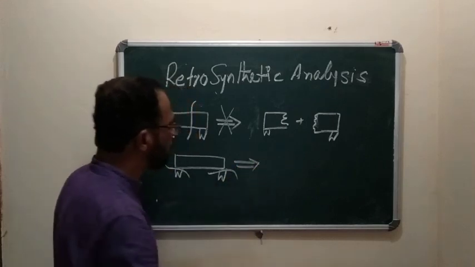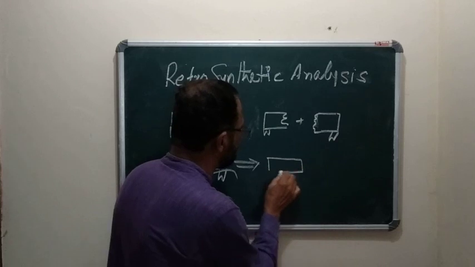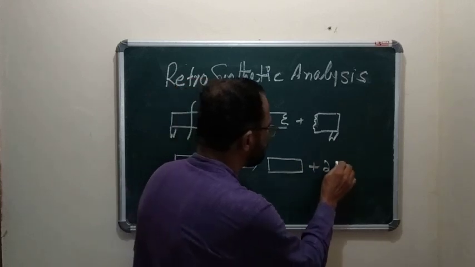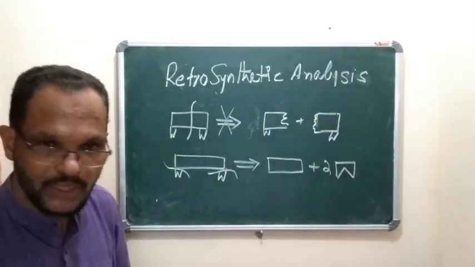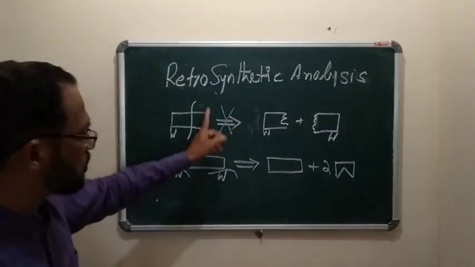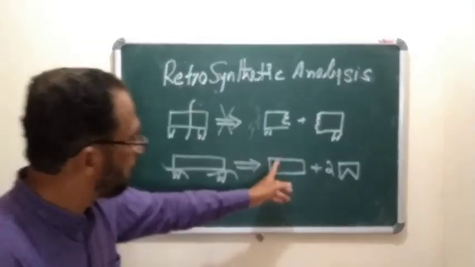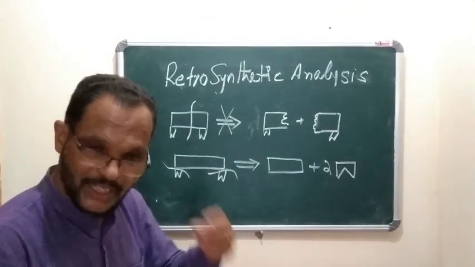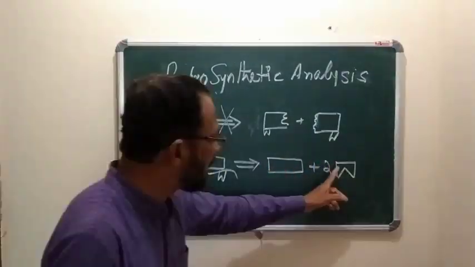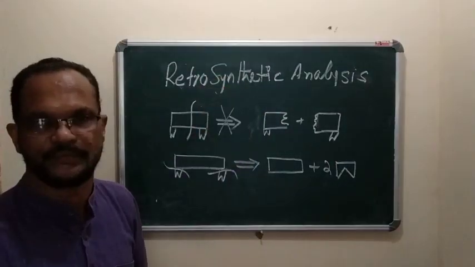Now, you can see that here you will get two parts. These are the components resulting from this type of cleavage or dismantling. Here also you get two components. But it is clear that these components are more reliable than the other one.